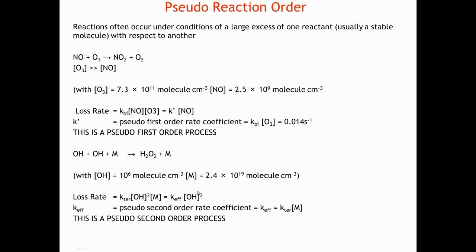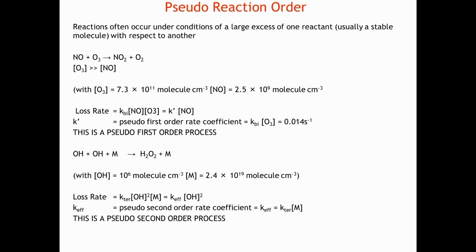So this is simply a pseudo second order reaction in OH concentration. So we don't need to consider the M in this reaction because it's not consumed in the reaction. So you can consider at any one pressure that you've got a pseudo second order rate coefficient, which is the termolecular rate constant times the M.